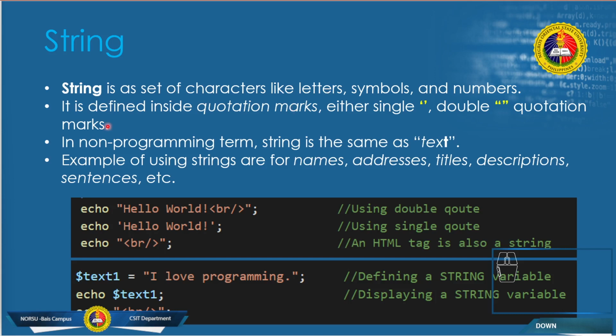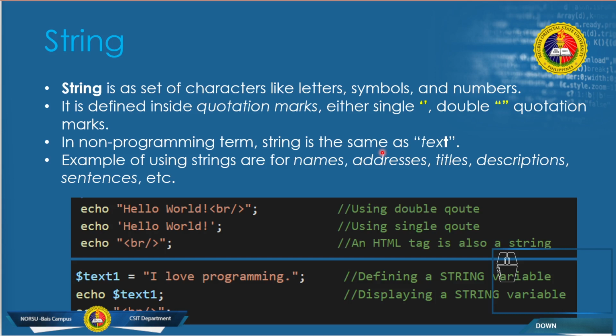So in PHP, once we are dealing with a string, the value must be enclosed with quotation marks. Now, in C++, it has to be a double quote, but in PHP, you can use either single quote or double quote, regardless. In non-programming terms, a string is the same as text. If we're not programmers, we will call a string text. However, in programming, it is called string.